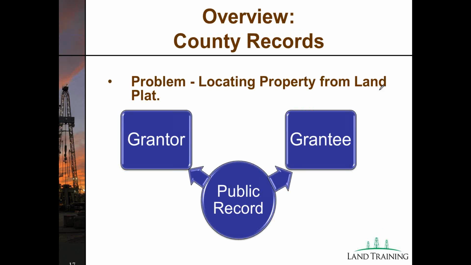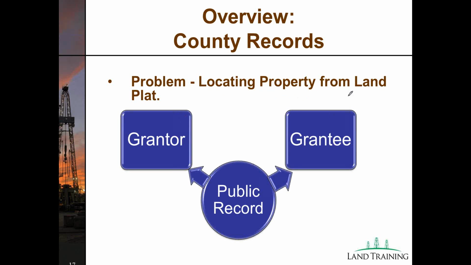So the problem is we've got a property description, okay? If a document is filed of record, it's filed alphabetically. It's filed under the grantor index, and it's filed under the grantee index. It is not filed according to the property description.